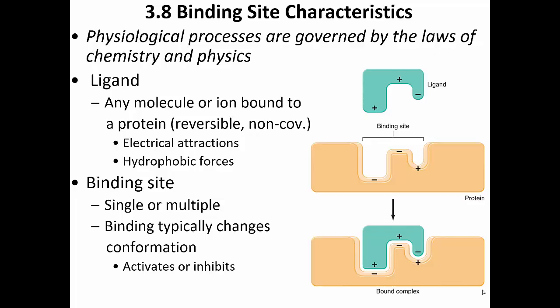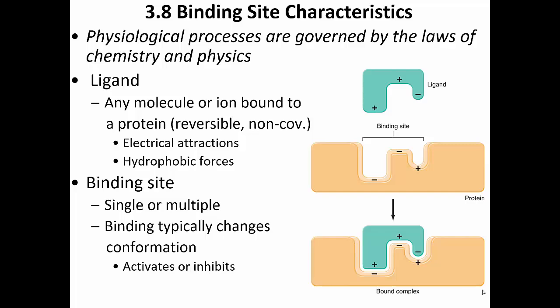The forces that draw these molecules together can be electrical attractions or hydrophobic forces, and both of these often play a role in the interaction between a ligand and a receptor. We'll spend some time talking about binding sites in this chapter.